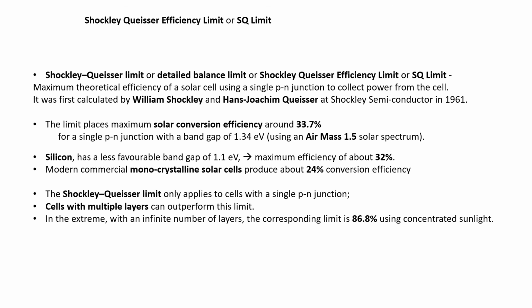The limit is one of the most fundamental to solar energy production and is considered to be one of the most important contributions in the field. The limit places maximum solar conversion efficiency around 33.7%, assuming a single p-n junction with a band gap of 1.34 electron volt using an air mass of 1.5.